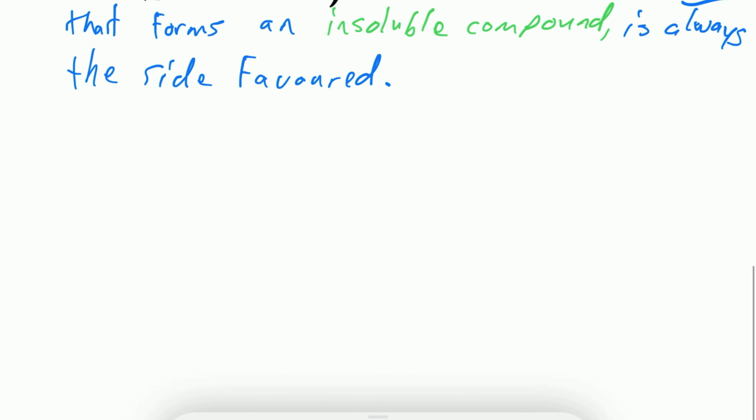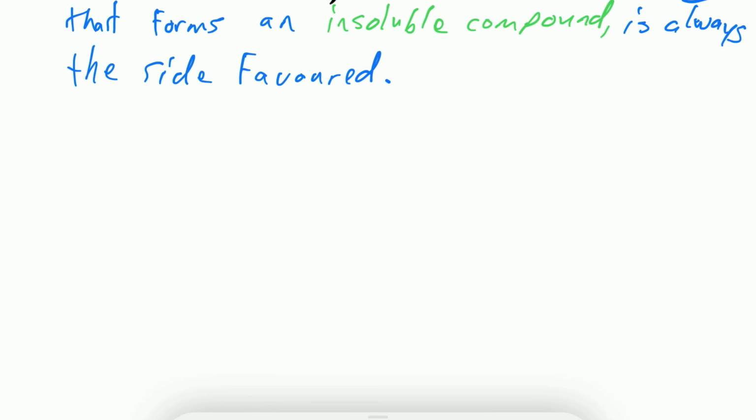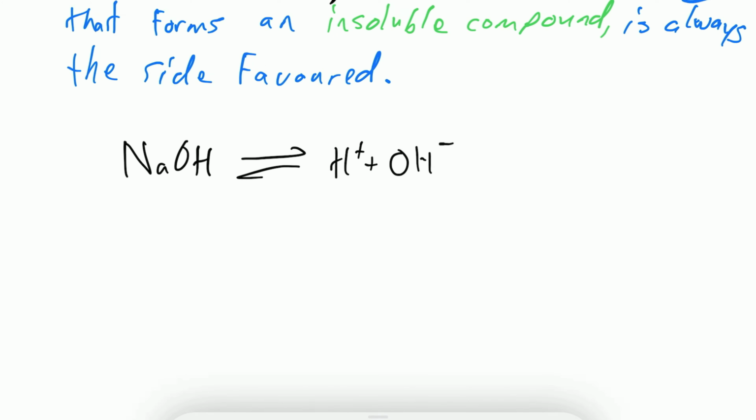Okay, let's take a look at another system, because there's another instance where this occurs. So let's say, again, I could do the same system. Okay, so we're going to rewrite it over here. We'll just write a different alkali. We'll say NaOH, adding water to it gives you H plus and OH minus.